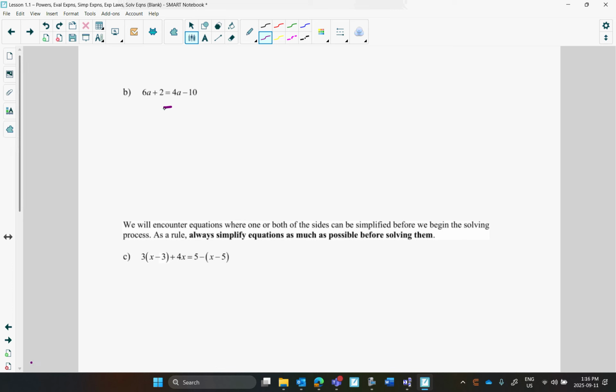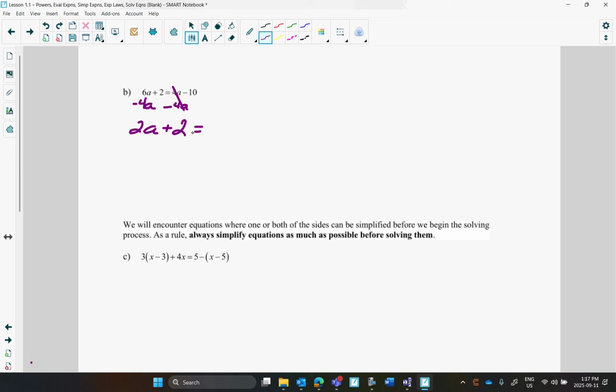Subtract 4a. Whatever you do to one side, you do the exact same thing to the other. So on the left side, I have 6a minus 4a, which is the same as 2a. And I also have a plus 2 equals -10. Now I'm back to a two-step equation again.